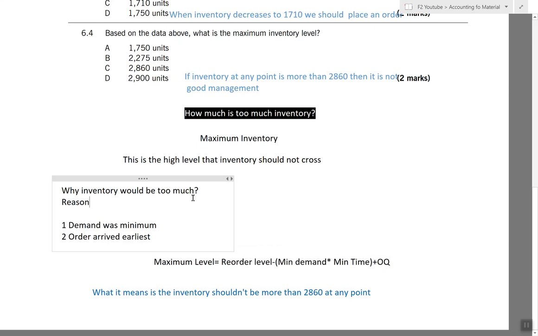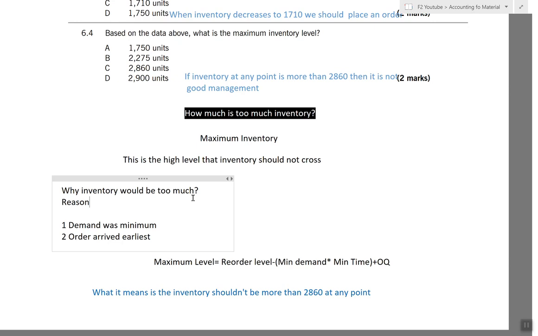See, if I go to the warehouse and I see there is too much inventory, what are the two reasons that the storekeeper could give me, because he's responsible for material handling and for the quantity of material? So the two reasons he will give me are: we sold the lowest quantity, so the sales department was not able to sell as much.